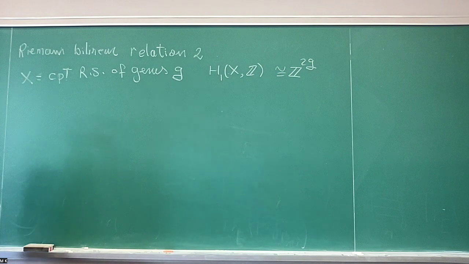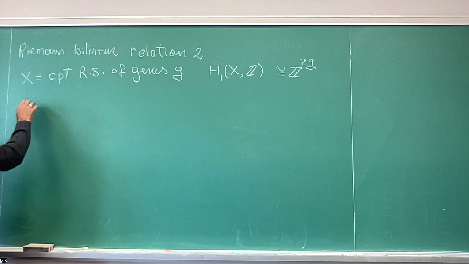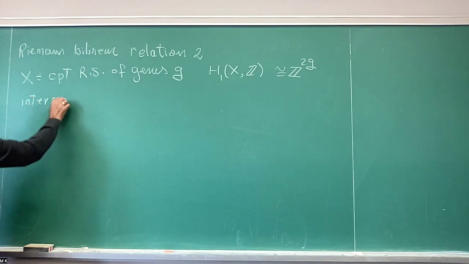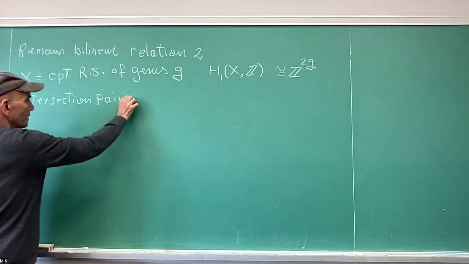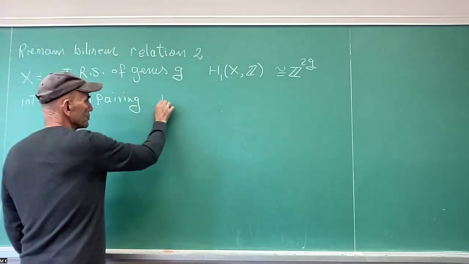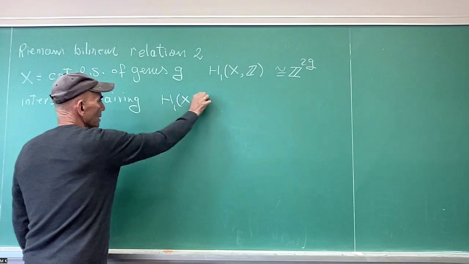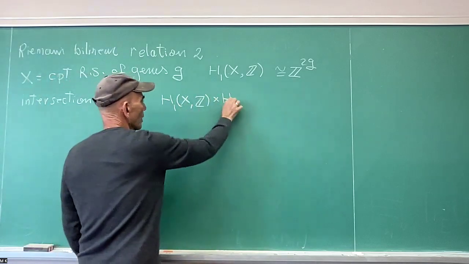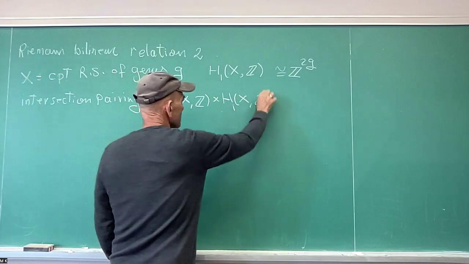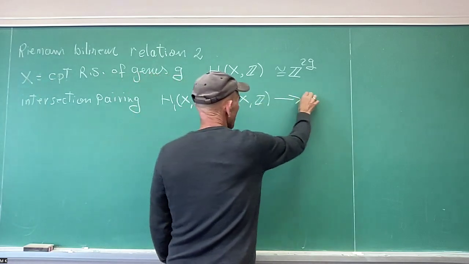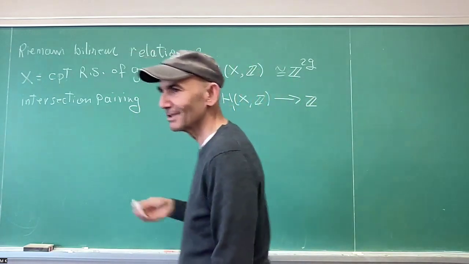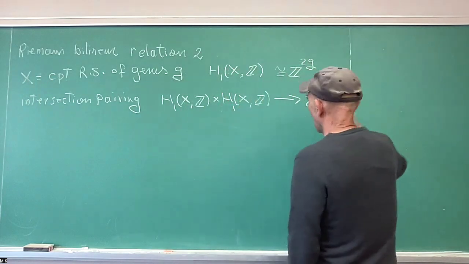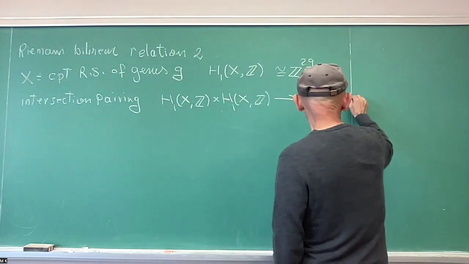And I defined intuitively the intersection pairing we had. Intersection pairing. So this goes from H1(X, Z) times H1(X, Z) to Z. And if you want, I use the notation of dot to denote it.